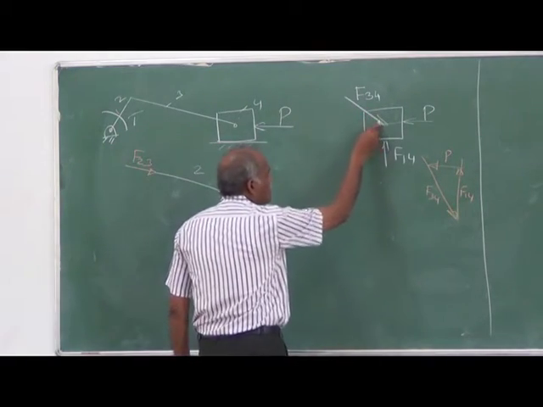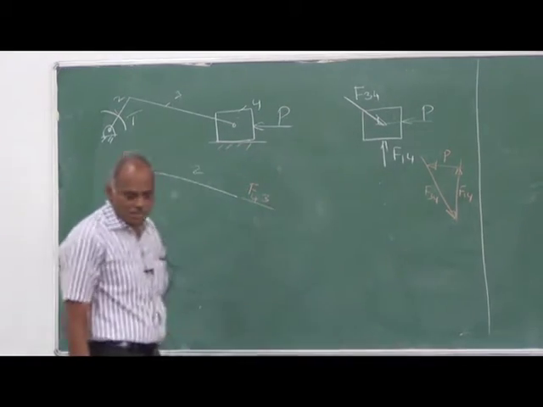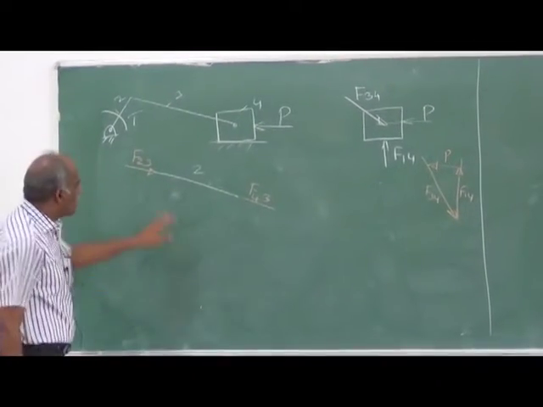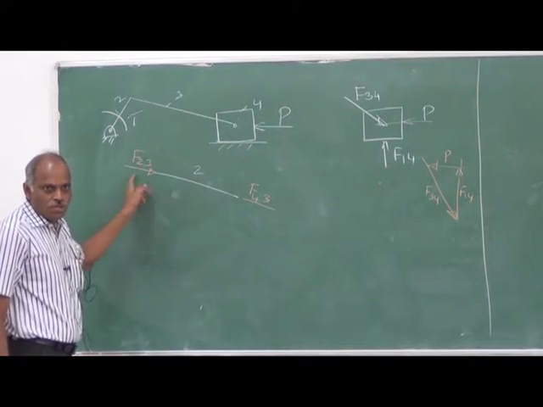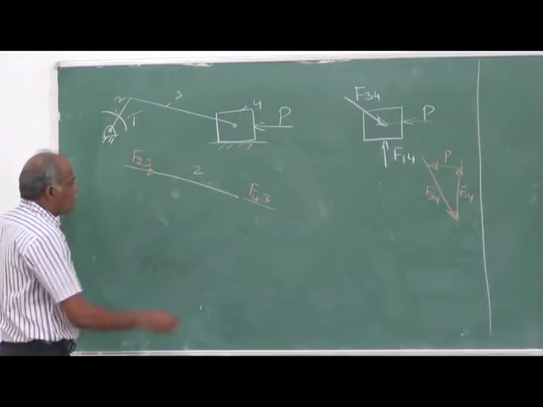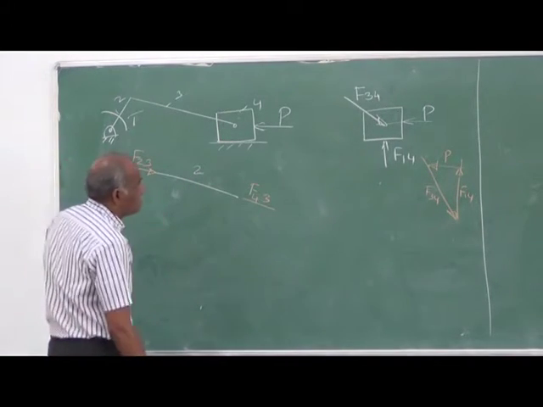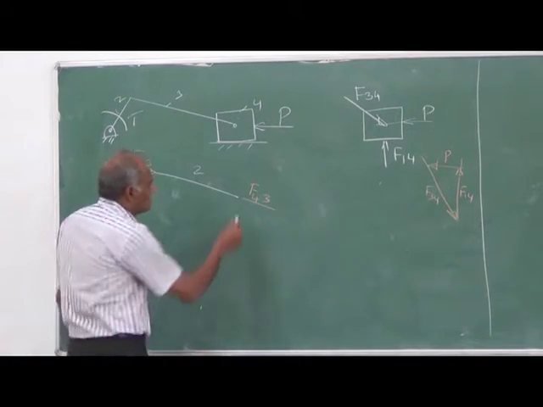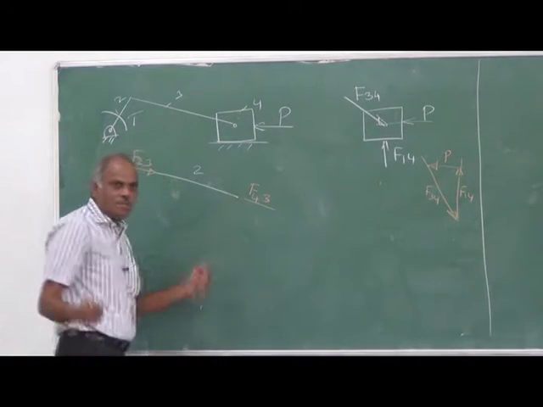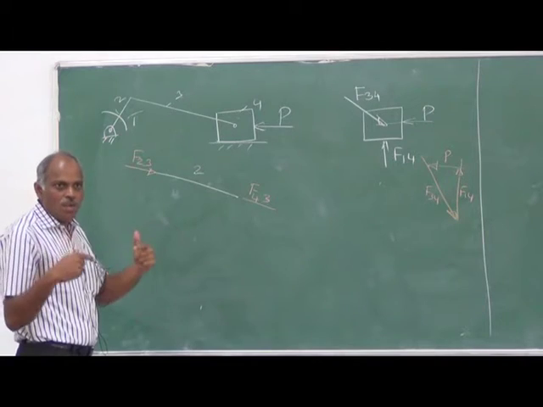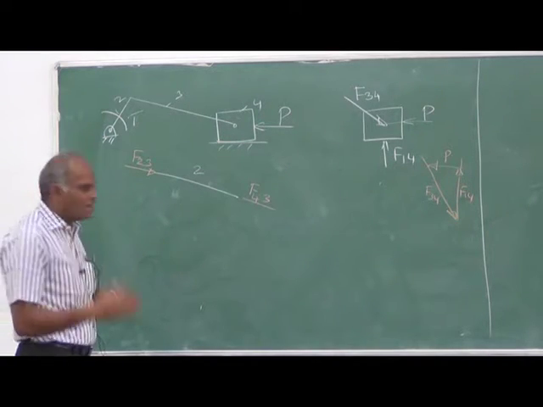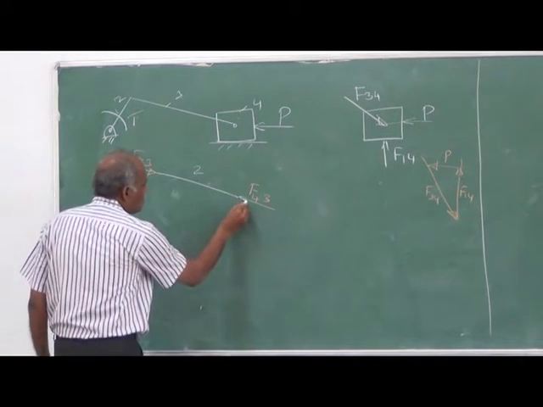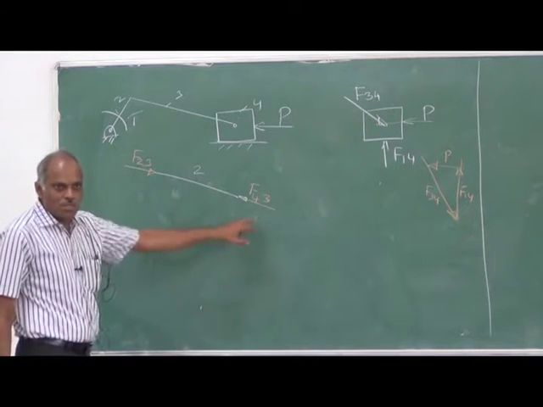So we have completed this analysis. Now coming to linkage 2, it is a two force member. So according to the law of equilibrium, the forces are to be equal, opposite and collinear in action. So your direction of this will be like this.